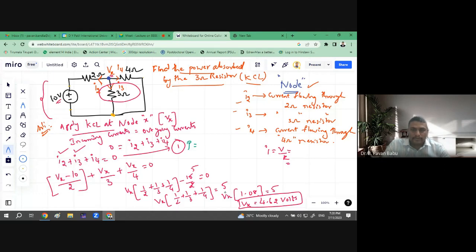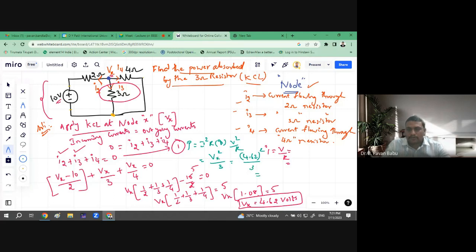You may use I square R or V square by R. Any of the formulas you may use. Since this is the voltage across the 3 ohm resistor, that is Vx. So you can write it as Vx square by R, where R value is 3. So what is Vx here? 4.62 whole square by 3.